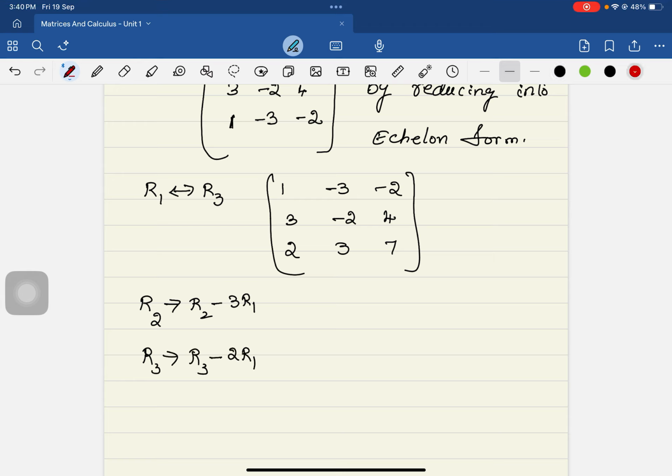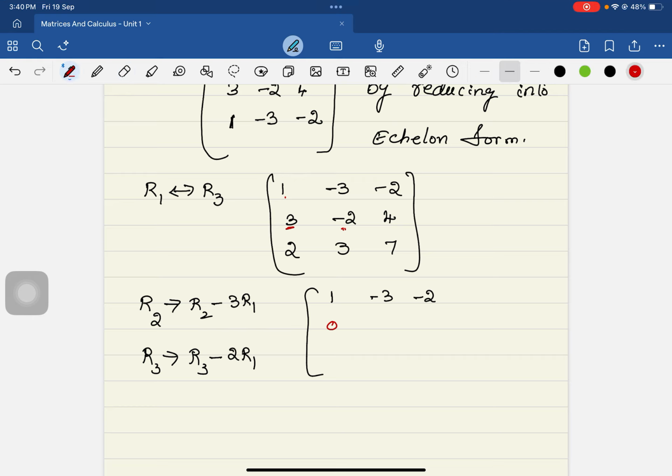So let us do that operation now. Your first row will be as it is, 1 minus 3 minus 2. Now look at the second row. R2 is 3 minus 3 times the corresponding R1 element, which is 1. So 3 minus 3 becomes 0. Are you getting it? And then the next one, R2 is what here now?